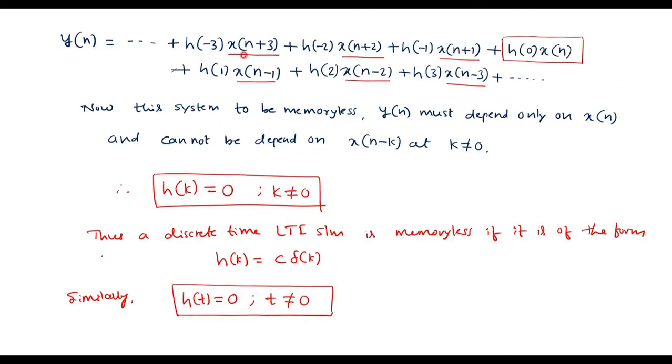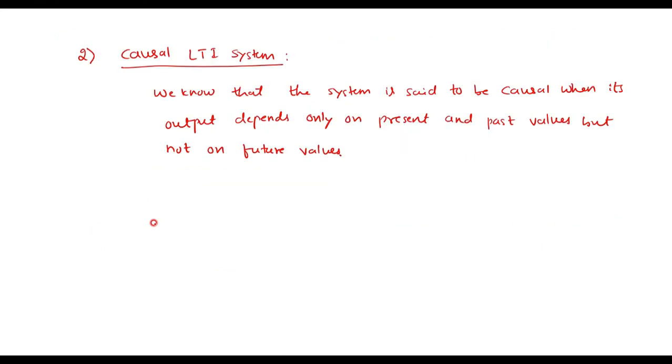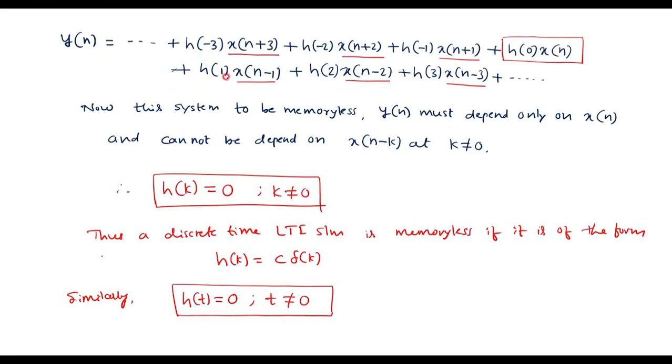So here we can see that x of n plus 3, x of n plus 2 and x of n plus 1 are future values of x of n, whereas x of n minus 1, x of n minus 2 and x of n minus 3 are past values of x of n. So for the system to be causal, output y of n should depend only on x of n minus 1, x of n minus 2 and x of n minus 3, but not on future values, that is x of n plus 3, x of n plus 2 and x of n plus 1.